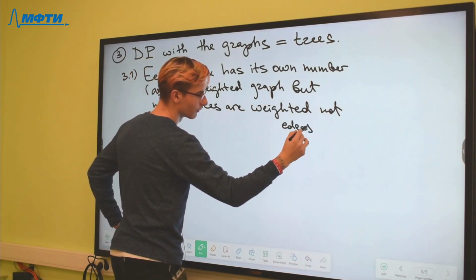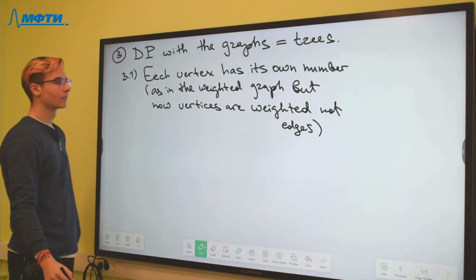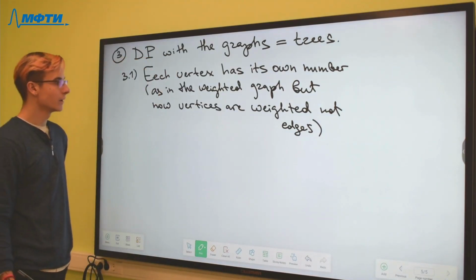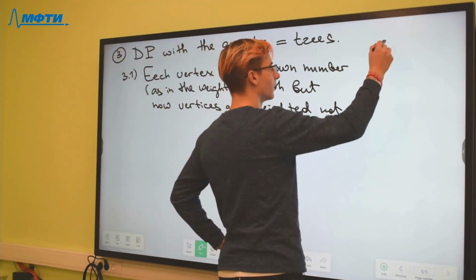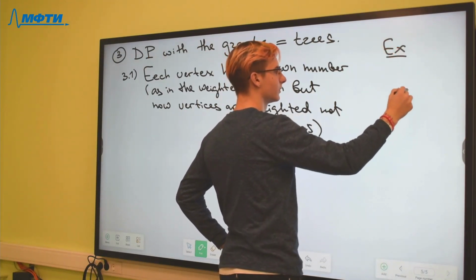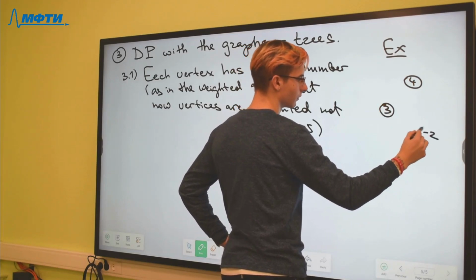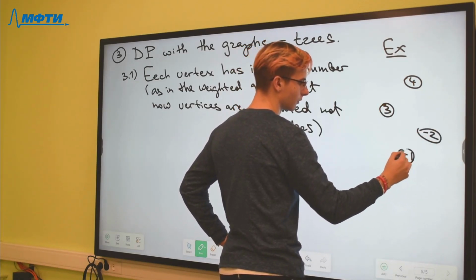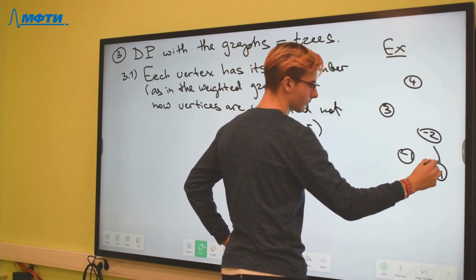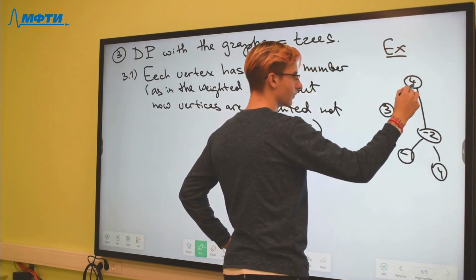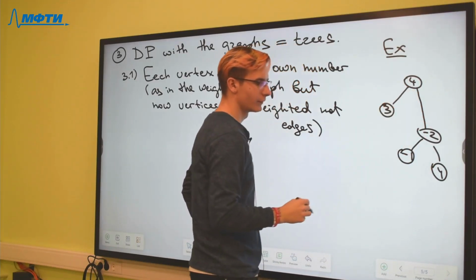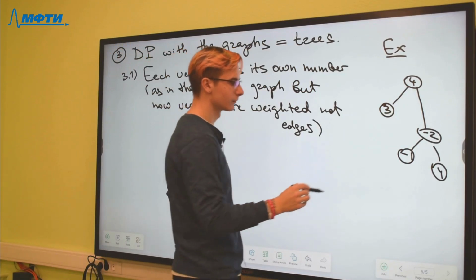So the vertex has its own weight. As an example, I can write here, for example, this tree.